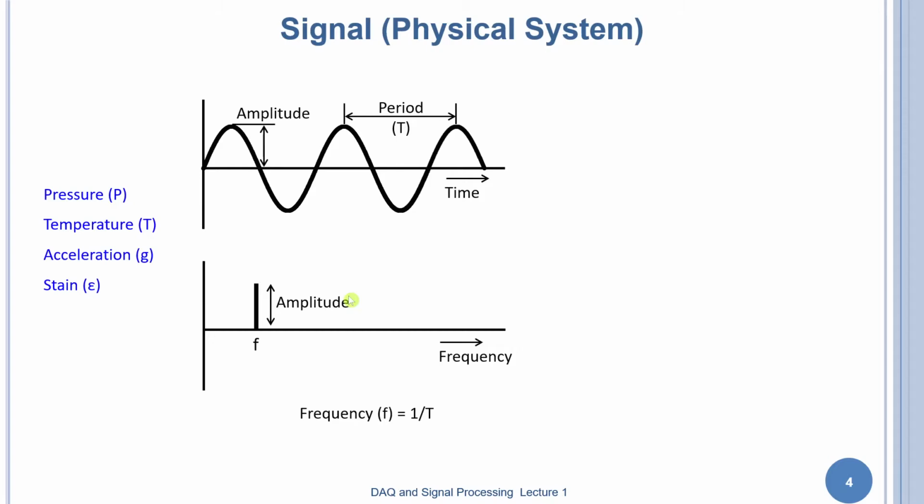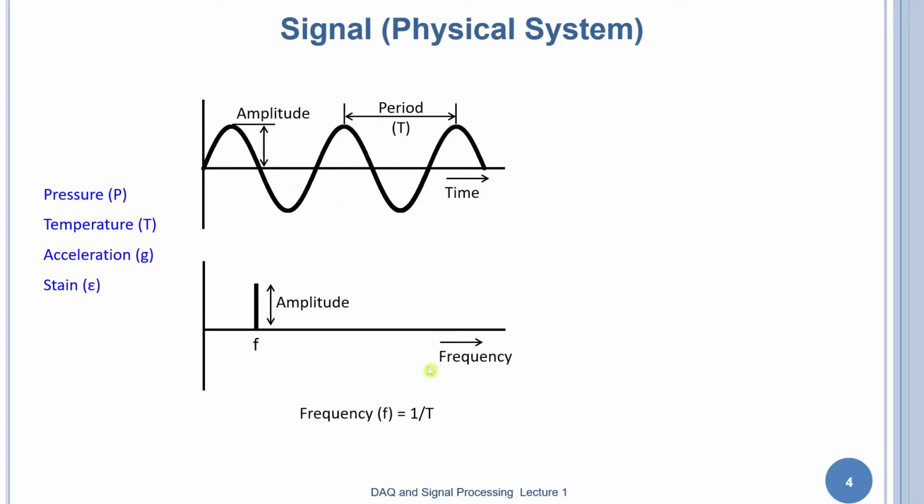So, what is a signal? The simplest form of signal can be thought of as a simple sine wave. This sine wave could represent pressure, temperature, etc. The amplitude of this sine wave can be defined as the distance from the peak to the mean, and the time period of this wave can be defined as the time between these two peaks.